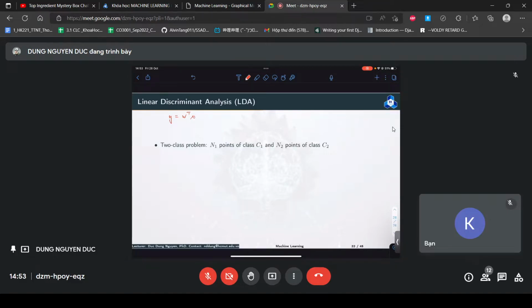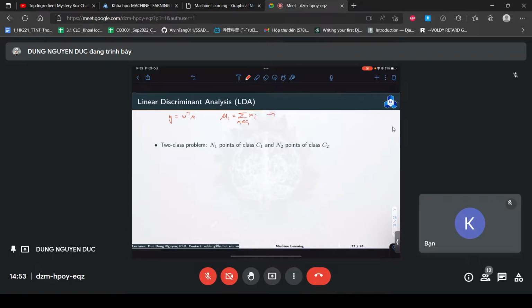And as you have this one, then what about the mean? So let's say the mean of class 1 equals the sum over xi, where xi belongs to class 1.